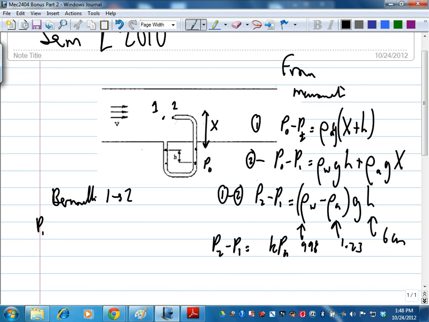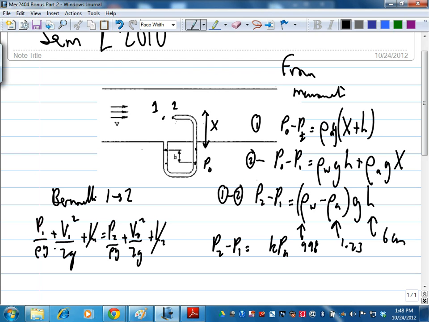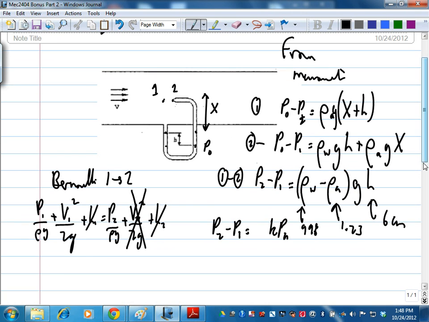P1 over rho G plus V1 squared over 2G plus H1 equals P2 over rho G plus V2 squared over 2G plus H2. Now you can cancel out. V2 is 0, so V1 is equal to the square root of 2 times P2 minus P1 over rho, where this rho is air.